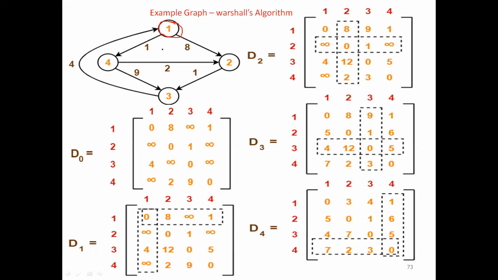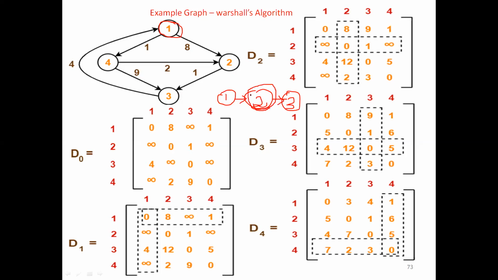So what is the intermediate vertex for this? See, for example, I have a graph like this. I want to reach 3 from node 1. So I'll go via 2.